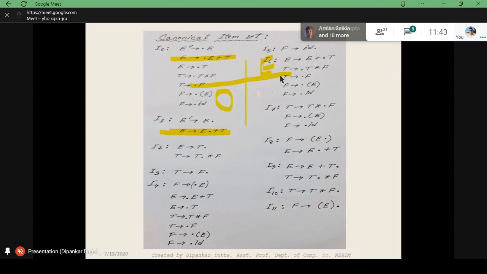Go to 1. The entry is M of 0 capital E, and we write go to 1.